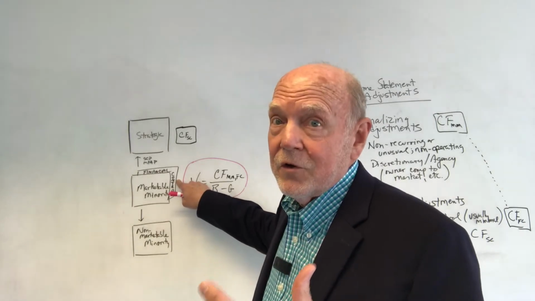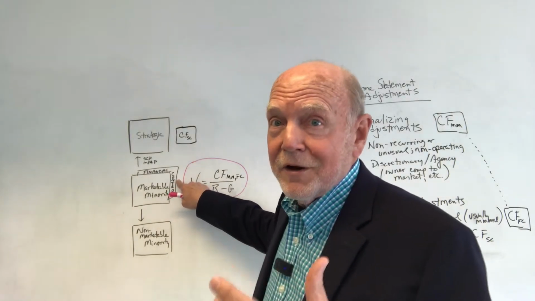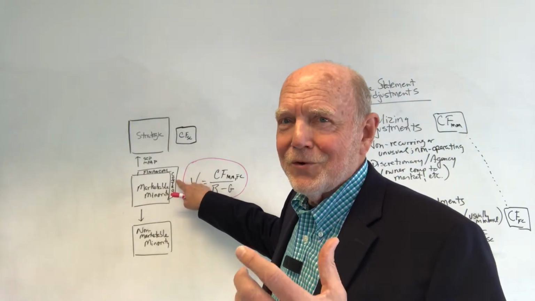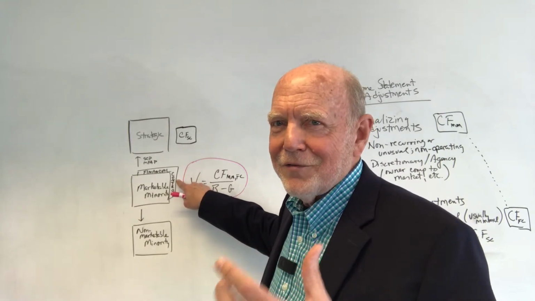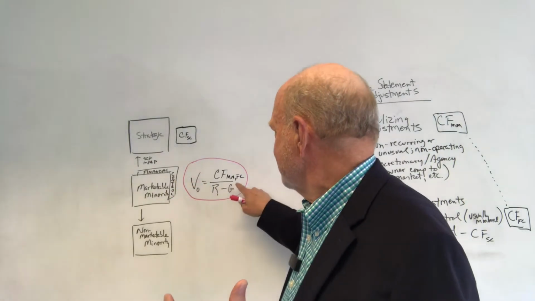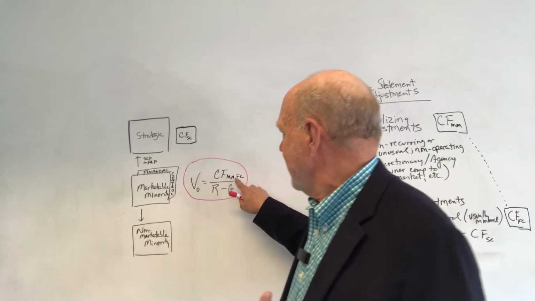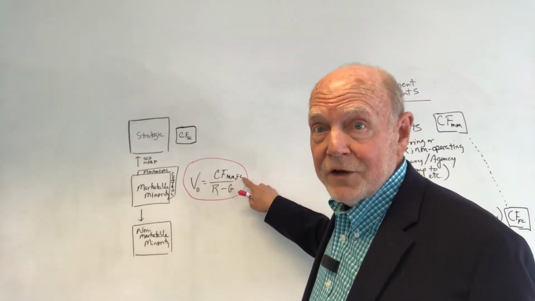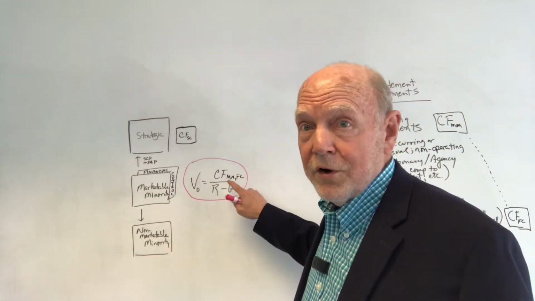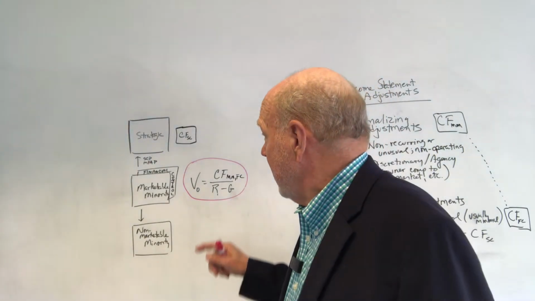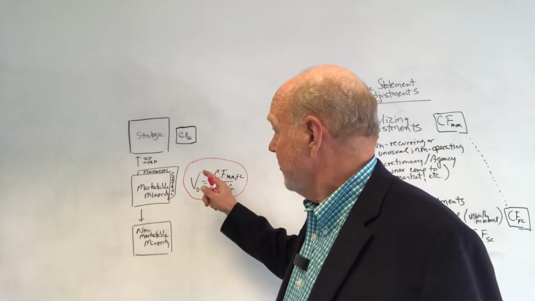They're typically quite minimal because the marketable minority value and the financial control value are fairly synonymous. In other words, the cash flow to the marketable minority and cash flow at financial control are, generally speaking, the same. What about the strategic control level?